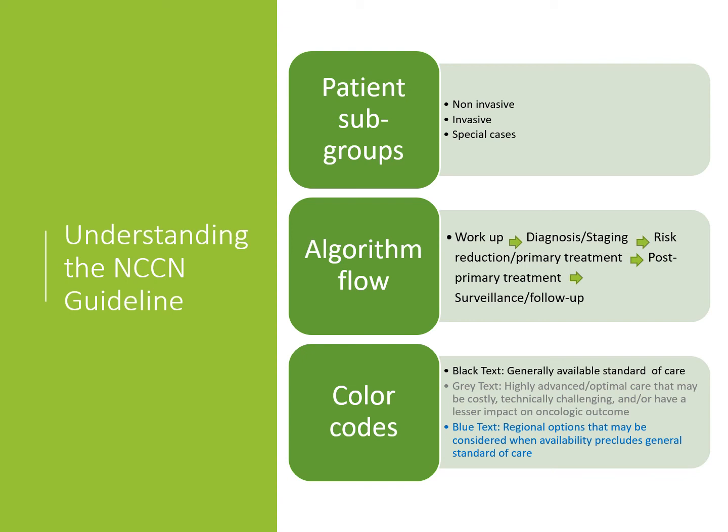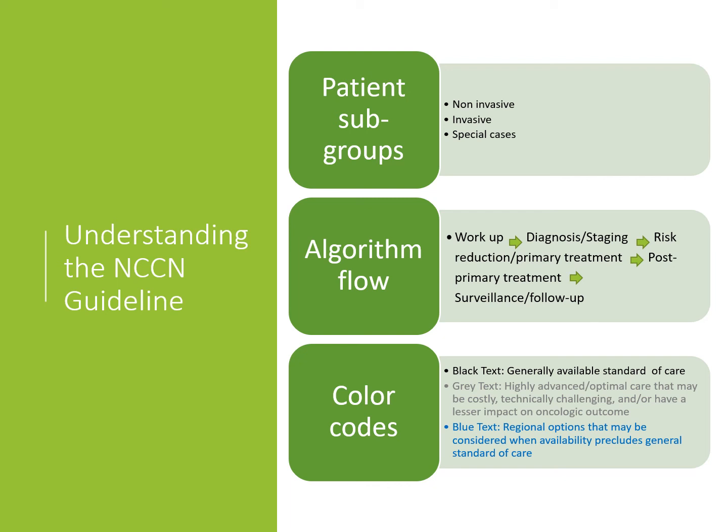You also have to understand the algorithm and how it flows. The algorithm usually starts with the workup of patients, the diagnosis and staging, the risk reduction or primary treatment, then the post-treatment, and then the surveillance and follow-up. There are also some color codes included in this guideline that you need to understand. The black text usually indicates that the intervention is a generally available standard of care.